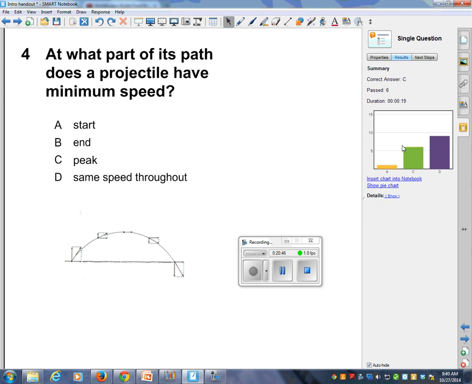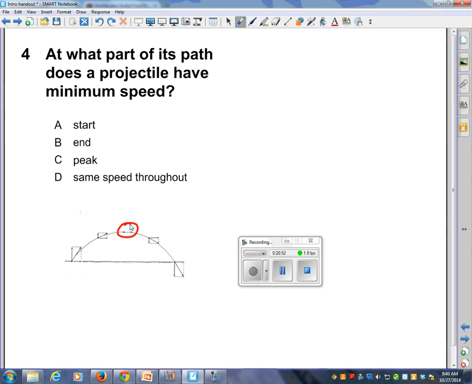I've sort of trained you to say it's always the same, haven't I, with lots of other things. Why is it at a minimum there? Because there's no vertical. If the horizontal was, say, always 5, right?